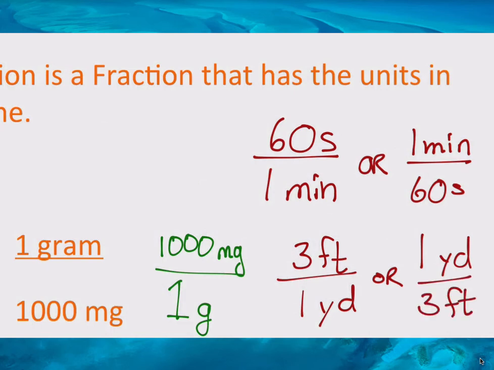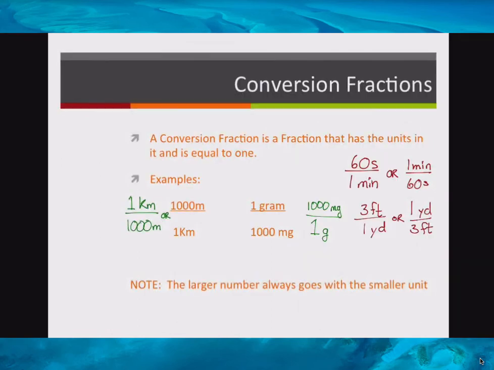Every conversion factor on your blue sheet can be written as 2 fractions. I would write that down in the margin for this slide. Every conversion on your blue sheet can be written as 2 fractions.